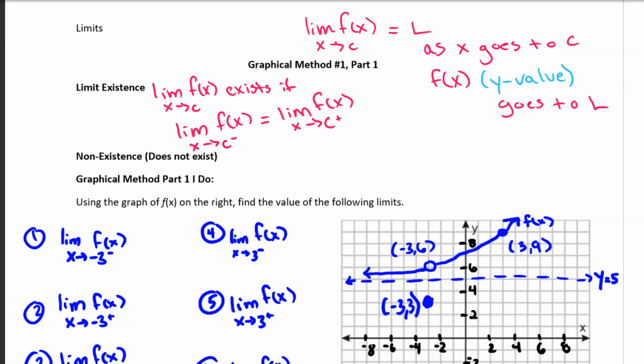Non-existence, there are three cases that we talked about. So one was a vertical asymptote. Two was if our left and right don't equal each other.